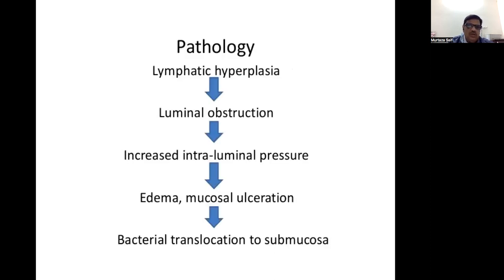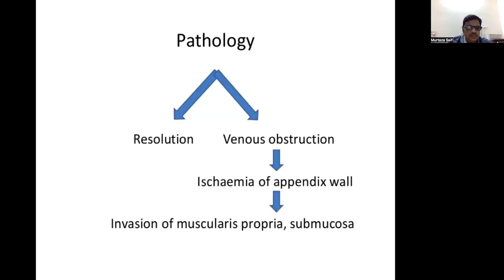Now come to the pathology of appendicitis. Lymphatic hyperplasia causes luminal obstruction. Luminal obstruction increases intraluminal pressure, edema, and mucosal ulceration. Mucosal ulceration and edema increase bacterial translocation to submucosa. It may resolve, or it further causes venous obstruction.